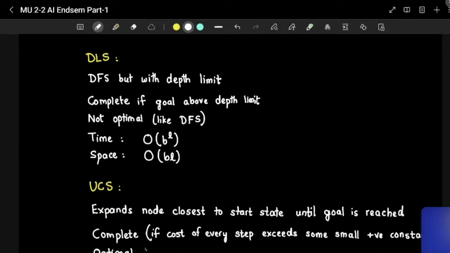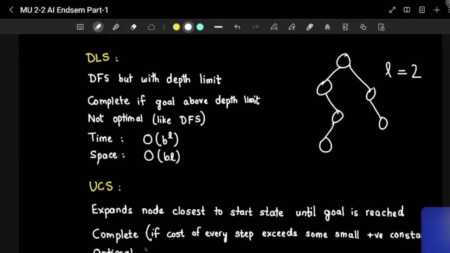Depth limited search is basically DFS, but then you have a max limit. So let's say the max limit is 2. So you will only be able to explore this much. You won't be allowed to go down. So if this is the goal, that's a problem.